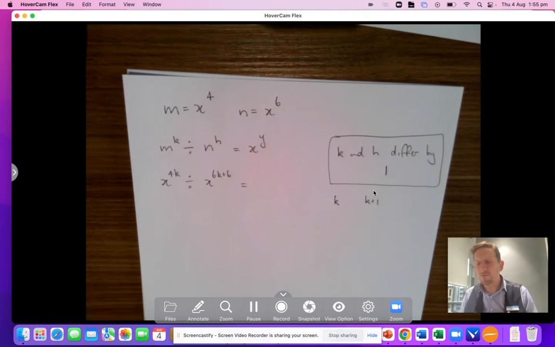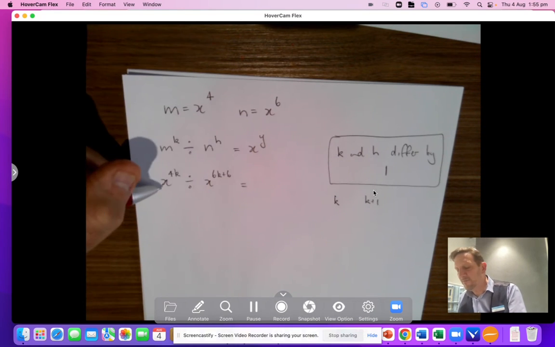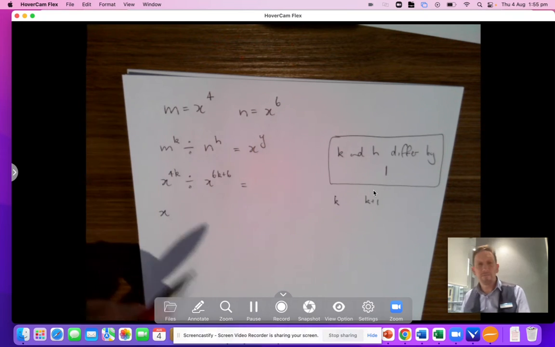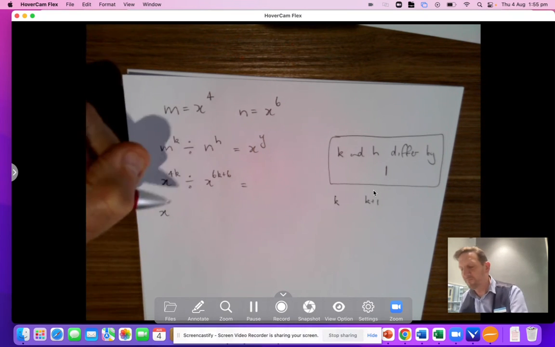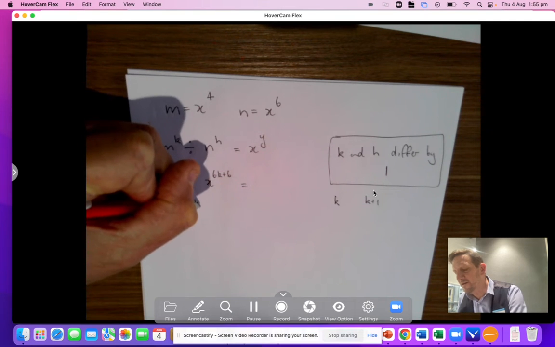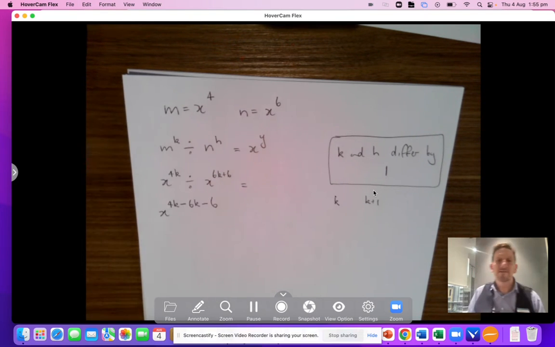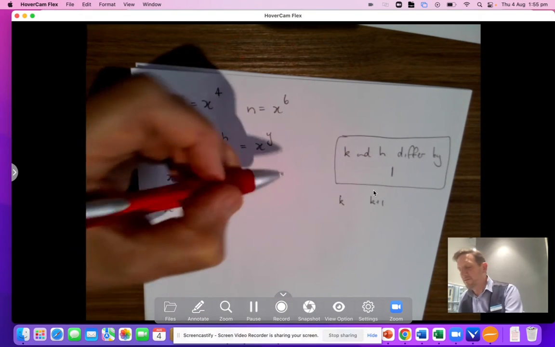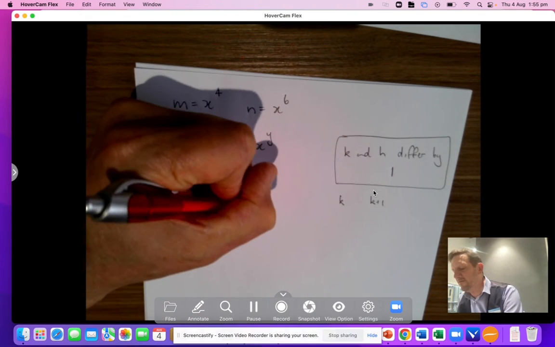Well, it all depends what k is, doesn't it? And there's a whole heap of answers here. This is going to be x to the power of, remember we minus the powers, so 4k minus 6k minus 6, because we're minusing the whole power, equals x to the power of y.